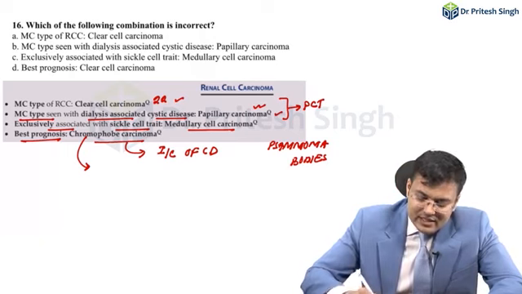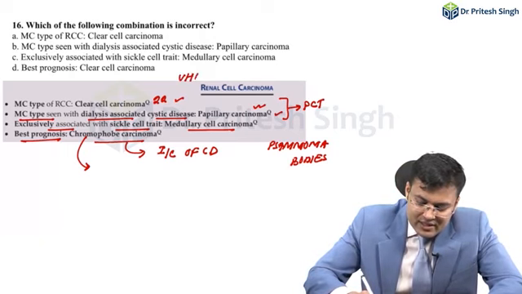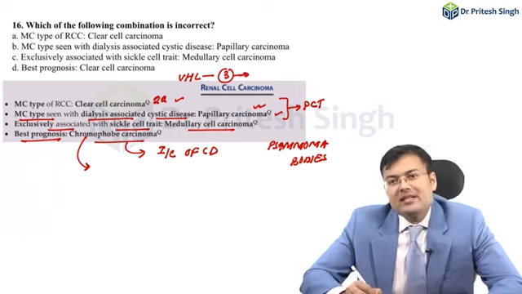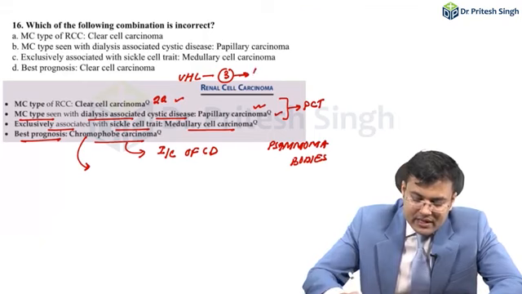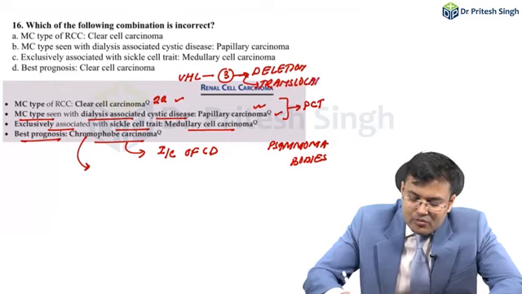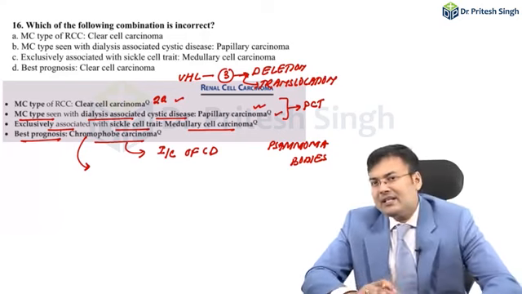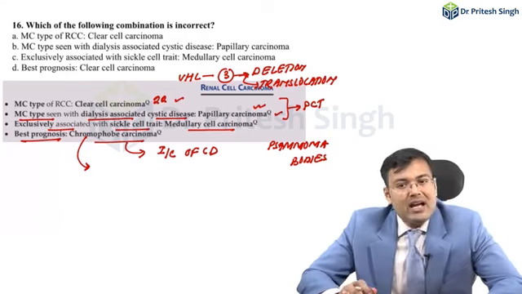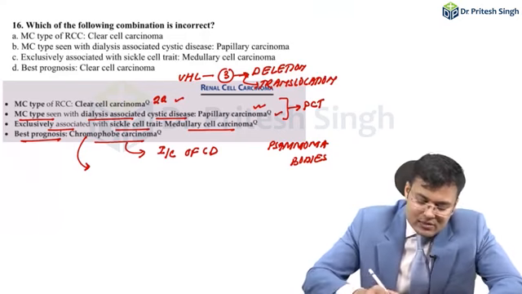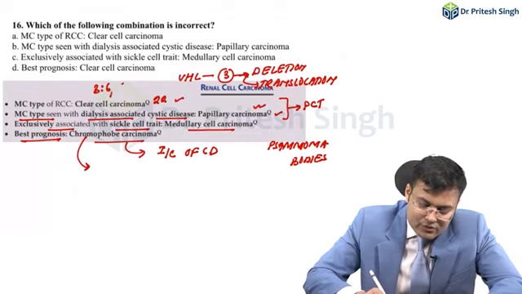In clear cell, there is mutation of the VHL gene located on chromosome number 3, and there are two processes: deletion and translocation. So there is deletion of the VHL gene located on chromosome number 3, and there is translocation. In the translocation, there is involvement of two chromosomes.